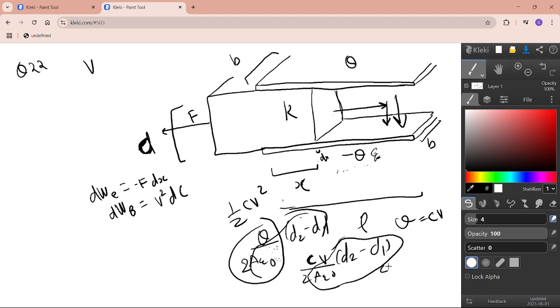You see, it's half C V square, right? It cannot be V by 2. So square by.